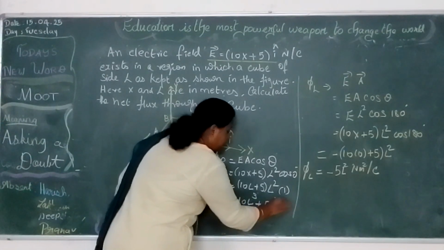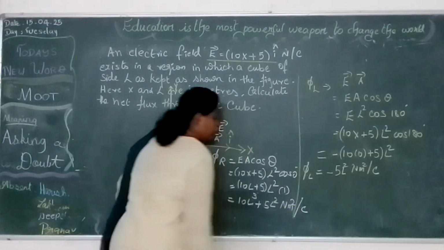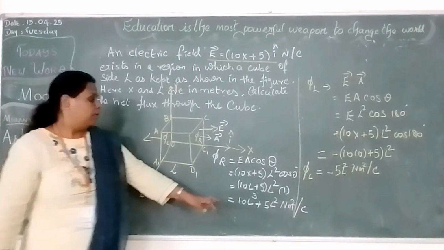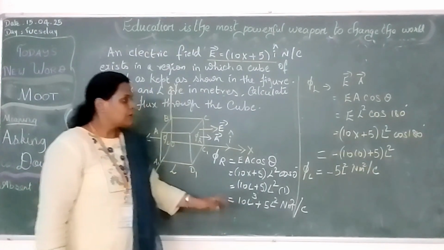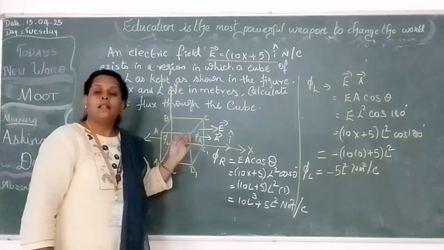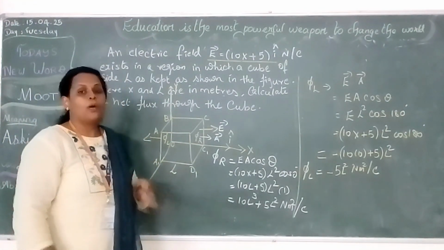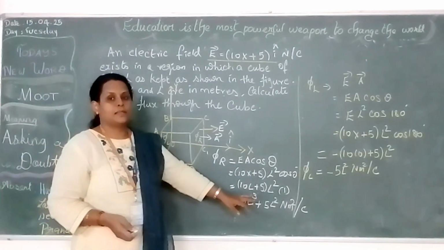Wherever you write the answer, you should write the unit. The unit for electric flux is Newton meter square per coulomb. So we have found the electric flux for both the left hand face and the right hand face. For the net flux, we should add both fluxes.